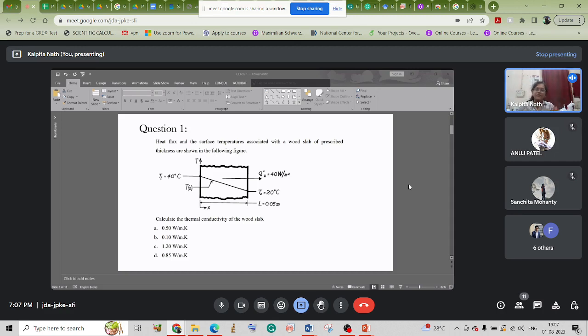And the thickness of this slab is 0.05 meter. So this question is pretty simple: how to calculate the thermal conductivity of the wooden slab. I'll give you 2 minutes to solve this, and just one basic equation will be applied that sir has already taught you in the class. I'll help you solve this, but first try it yourself.